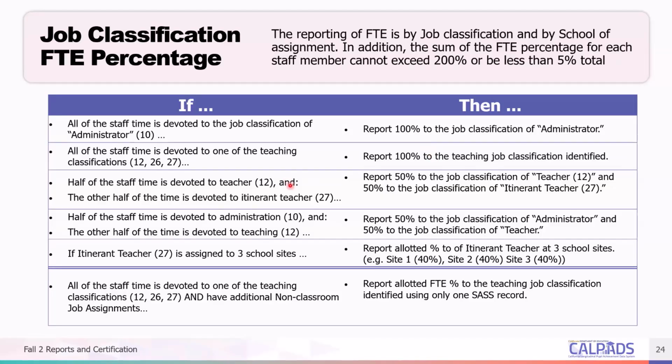Now, a staff member can be a devoted teacher with a permanent class. So you report them with a 12, and then half the time they could be an itinerant teacher. They could also be a 27. So you can split your FTE based on the job classification. So 50% 12 as a teacher and 50% 27 for itinerant teacher.